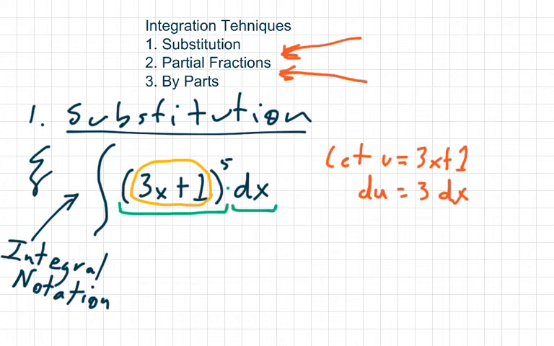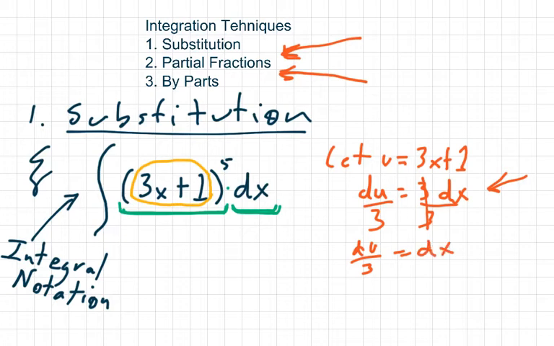So remember, we did the 3x plus 1 inside here. The leftover factor is just dx. So we've got to get dx by itself over here. So I'm going to divide by 3. So now that's gone. So now I've got du over 3, or 1/3 du, is equal to dx.